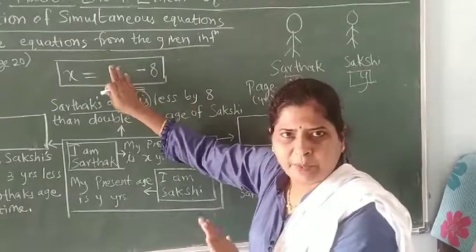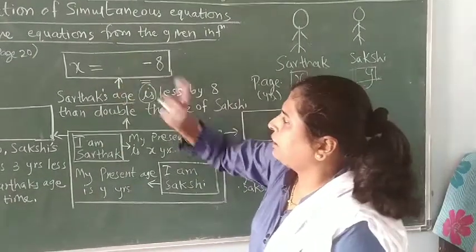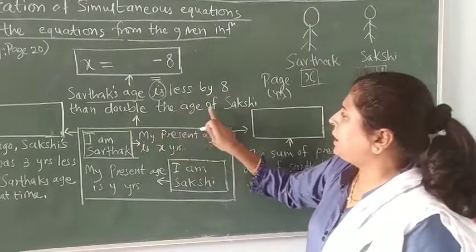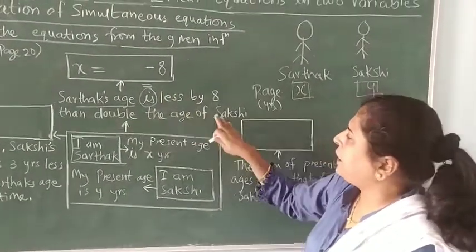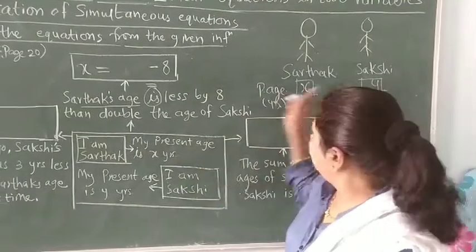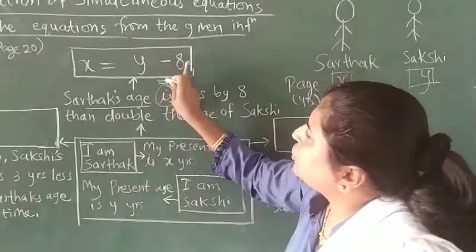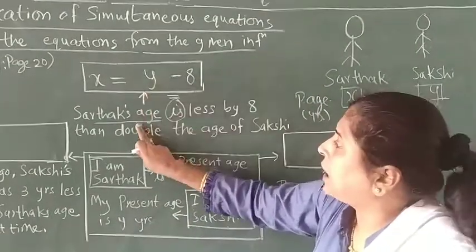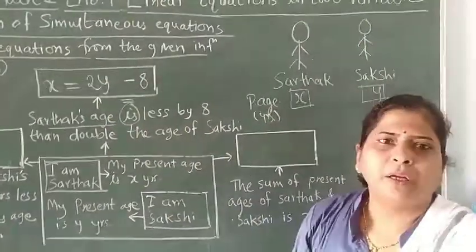Then what? Then something. That something, whatever is given here, we will write here. Double the age of Sakshi. So 8 is less than double the age of Sakshi. What is Sakshi's age? Present is Y. Here you can see, or in this table also, Sakshi is Y years. So it is not the age of Sakshi, it is double the age of Sakshi. To make double, we have to multiply it by 2.